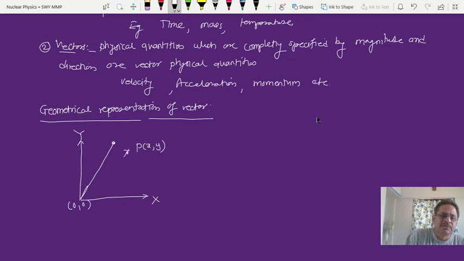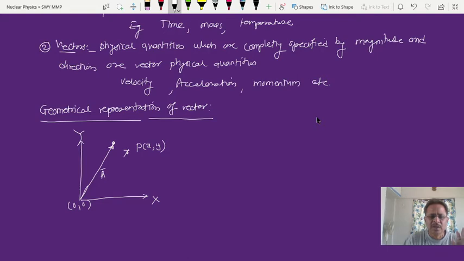We draw a line joining the origin and the point P with an arrow. We call this vector a bar representing point P, or the position vector of point P in the two-dimensional space, as shown in this diagram.